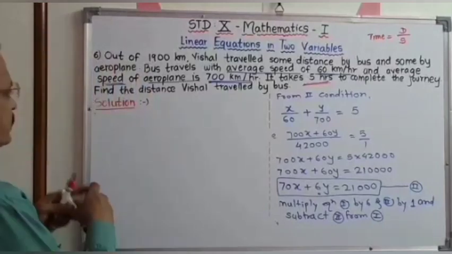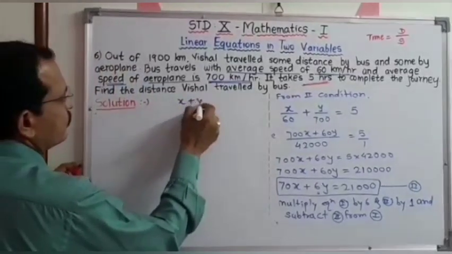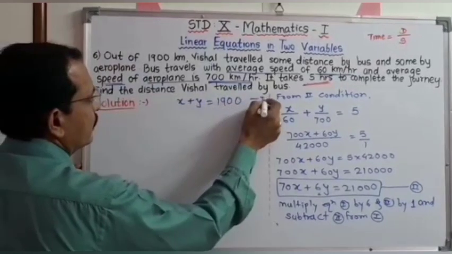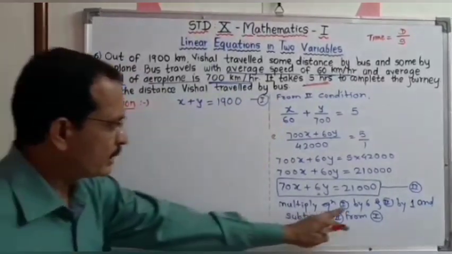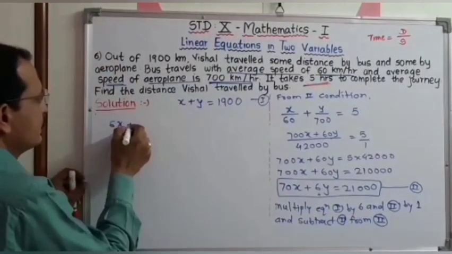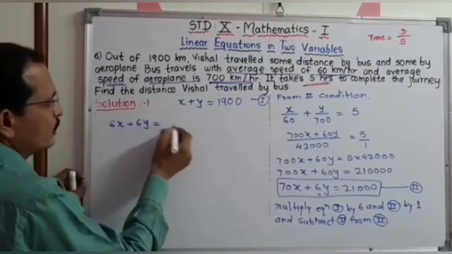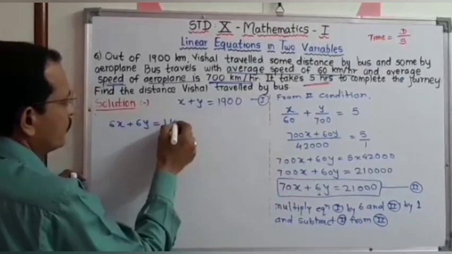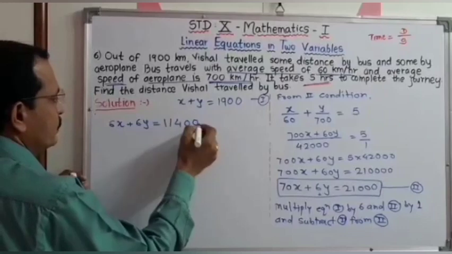We know the first equation is x plus y is equal to 1900. Now multiply equation 1 by 6. Therefore it is 6x plus 6y is equal to 1900 into 6, which is 11400.